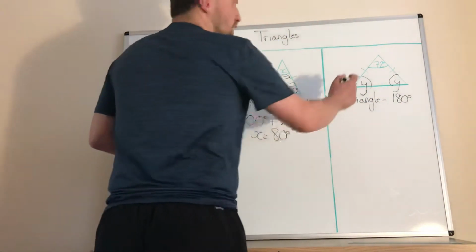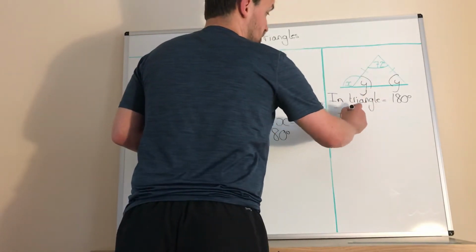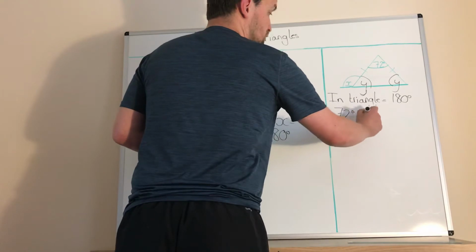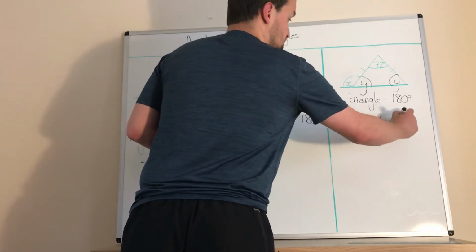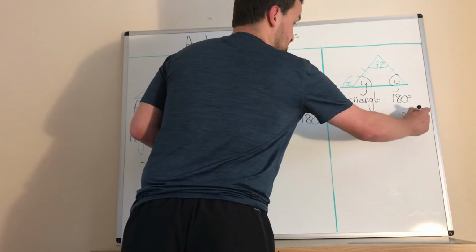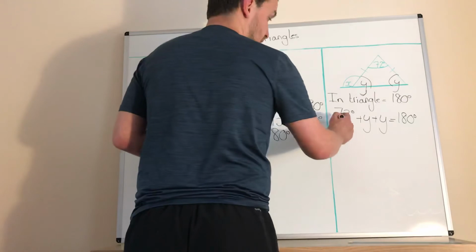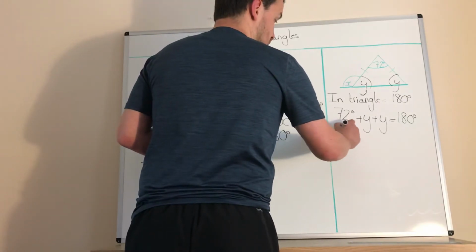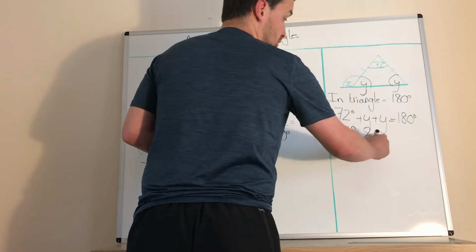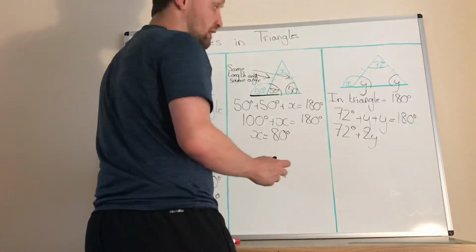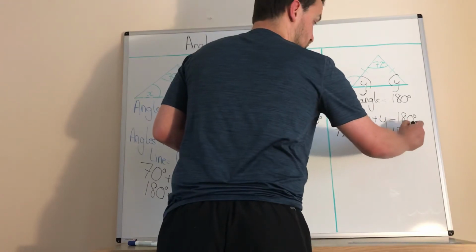So we've got 72 degrees plus y plus y equals 180 degrees. I'm going to simplify this side first, so we've got 72 degrees plus 2y, y plus y, equals 180 degrees.